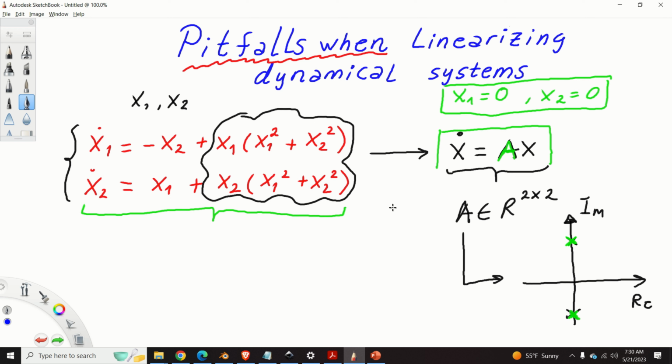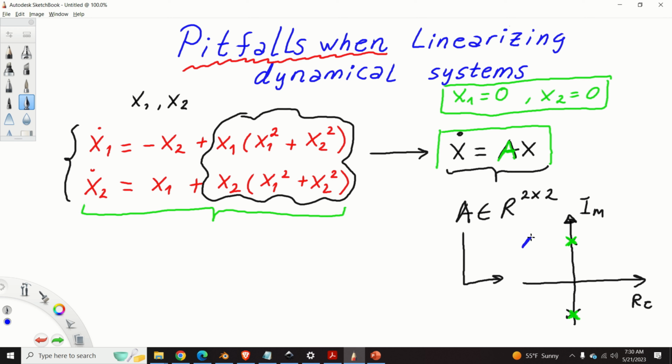However, there are cases in which you can actually analyze the stability of the equilibrium point of nonlinear systems by analyzing the stability of the equilibrium points of the linearized systems. And these cases are the following.